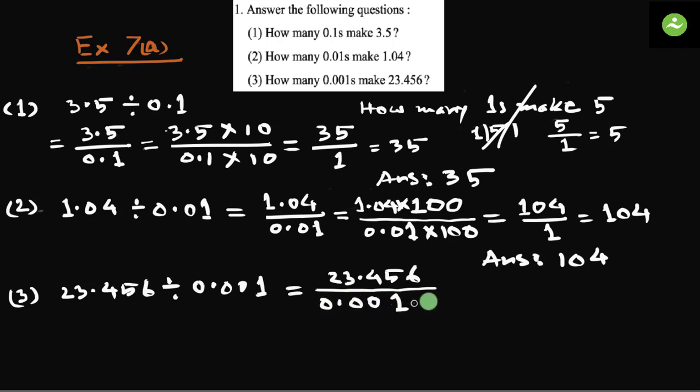Now after the decimal, how many digits? 1, 2, 3. 3 digits after the decimal, so we multiply by 1 and three 0s, so 1000.